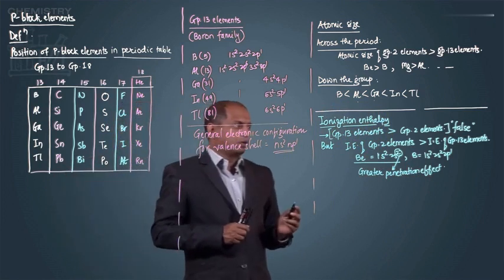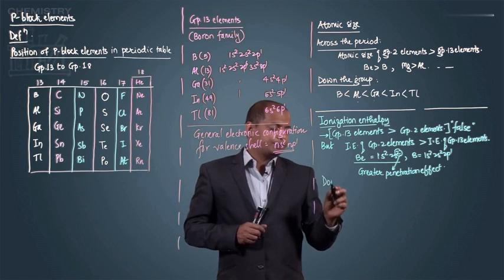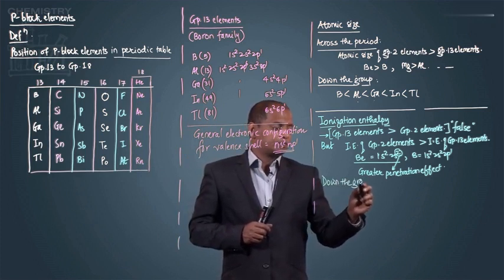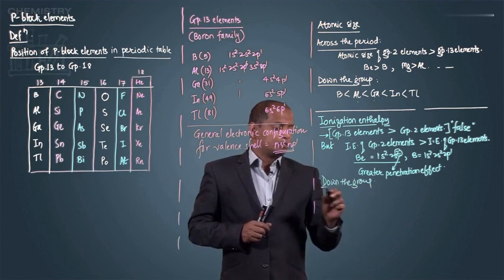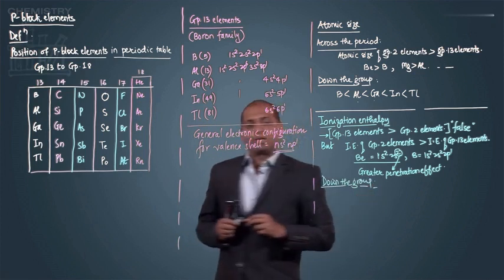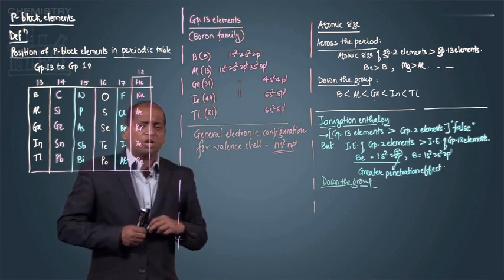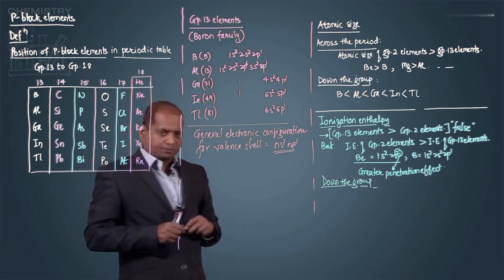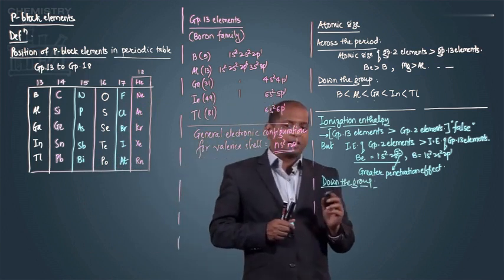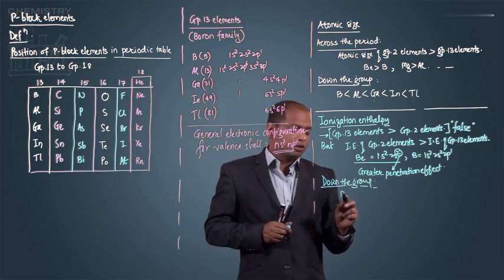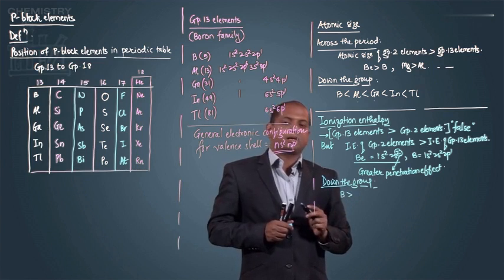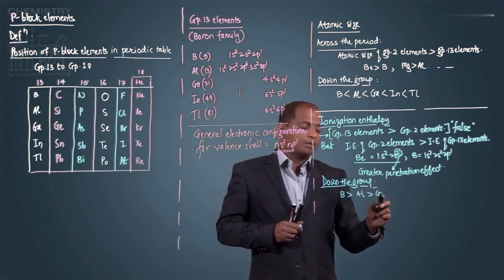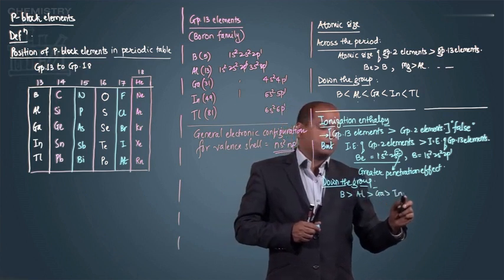Now moving down the group, the general trend observed is that atomic size is inversely proportional to ionization enthalpy. So the trend in ionization enthalpy will be: boron has the highest ionization enthalpy, then aluminium, then gallium, then indium, then thallium.